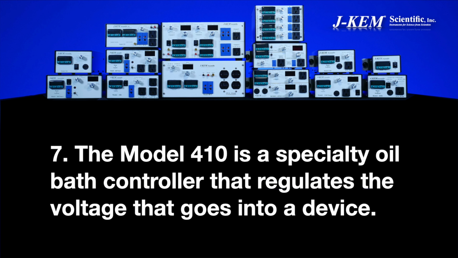Then there's our Model 410, which is used typically with a heater such as an oil bath. There are some oil baths that are rated at 20 or 40 or 60 volts. And in that case, you need a controller that regulates low voltage, that can vary the voltage of the output to control the power that the heater produces.